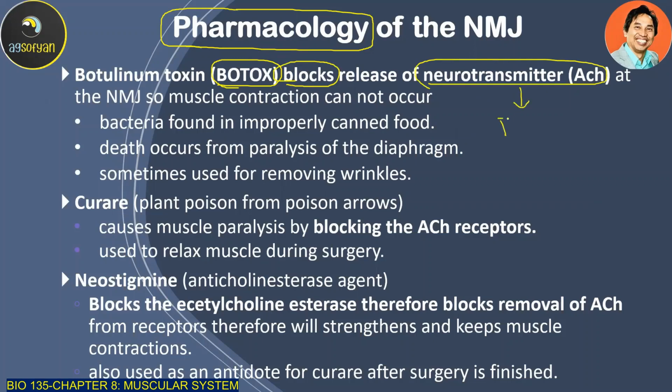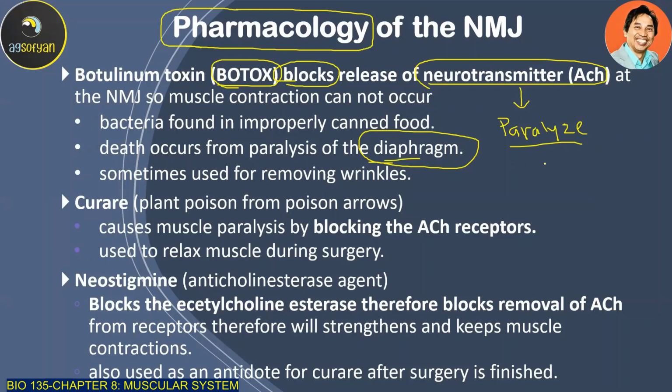The muscle will not contract. It's called paralysis. It will paralyze the muscle. And it is bad if it paralyzes the diaphragm, which is the muscle used for breathing. It can cause people who have an infection of this toxin to die because they are unable to breathe.